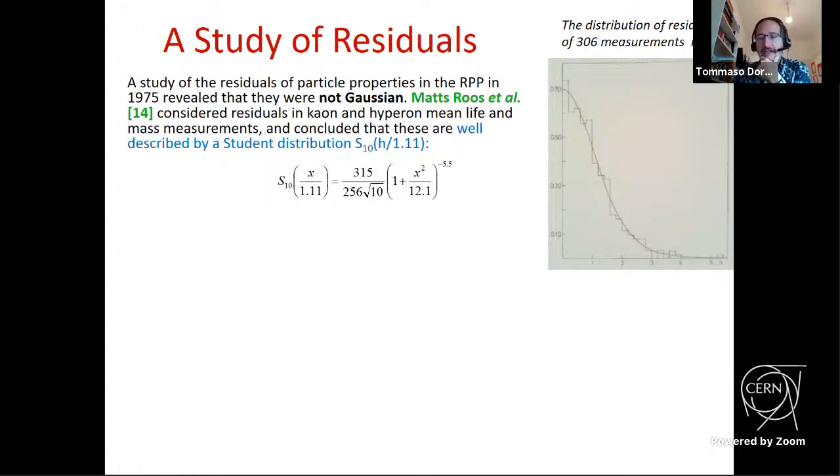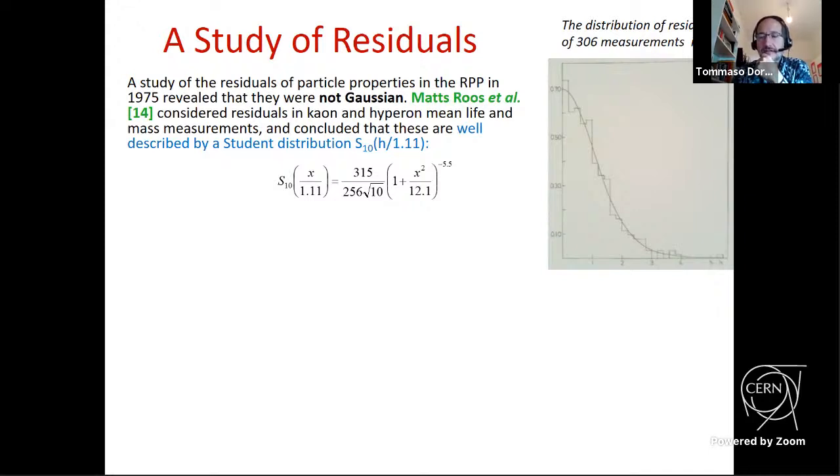So here we have an example of something very well controlled. They were able to extract the residuals, which is this curve here on the top right, in units of sigma of the result from the true value.